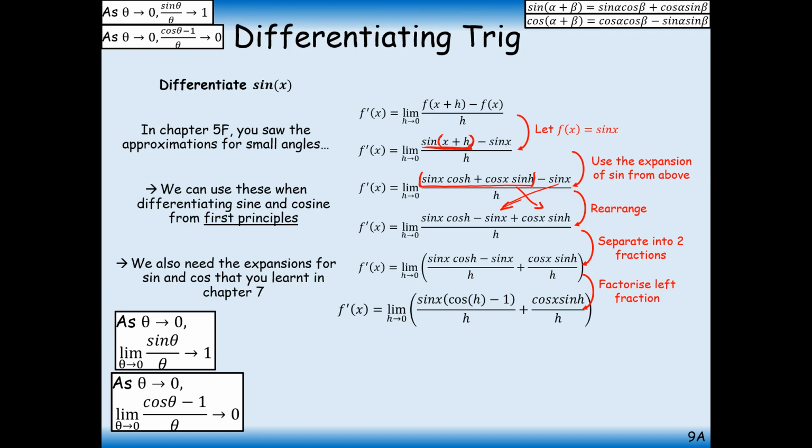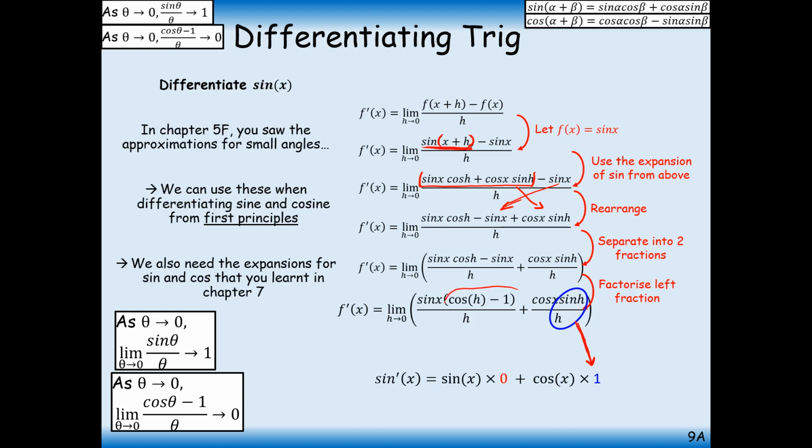When we factorize the sine of x, we'll have cos h minus 1 in the bracket, and the second function we are just going to take as 1, so we can make that assumption there.